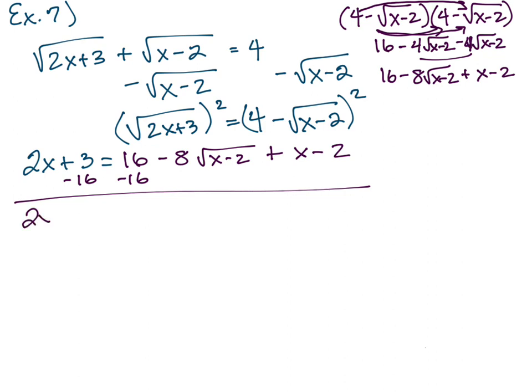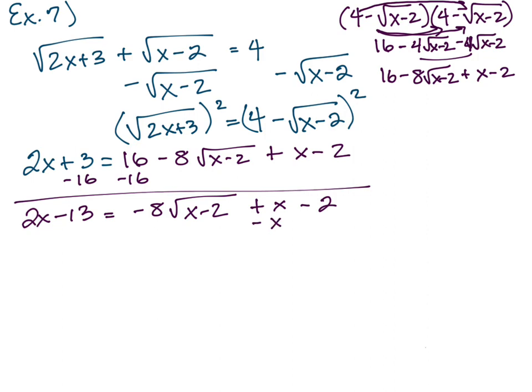So I got 2x. 3 minus 16 makes negative 13 equals negative 8 square root x minus 2 plus x minus 2. Now what?